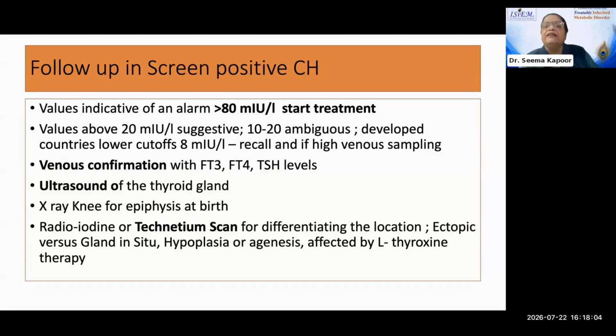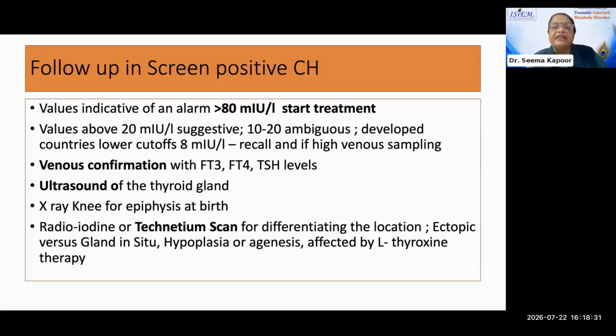Do not even wait for venous thyroid profiling. Values above 20, call the child. First, retest on the same specimen using another spot on the filter paper so that you have ruled out artifactual, pre-analytical and analytical issues.